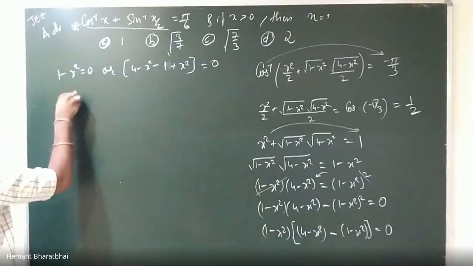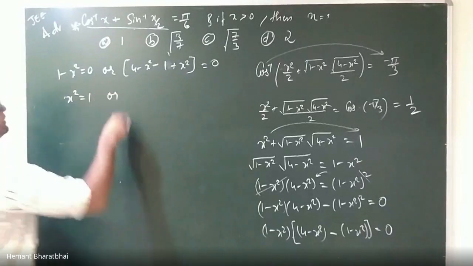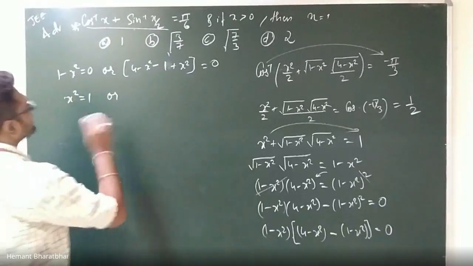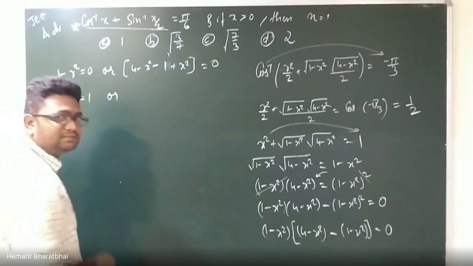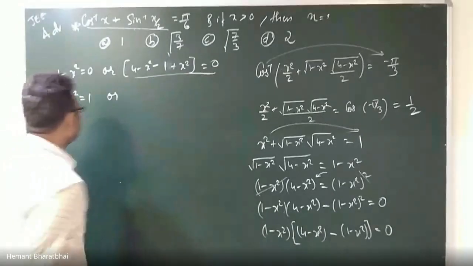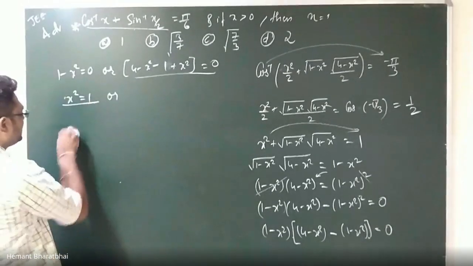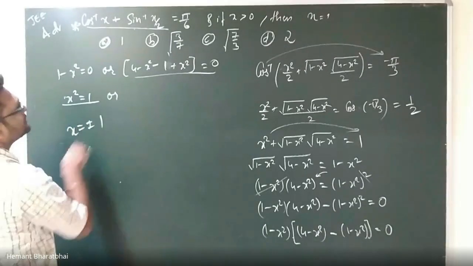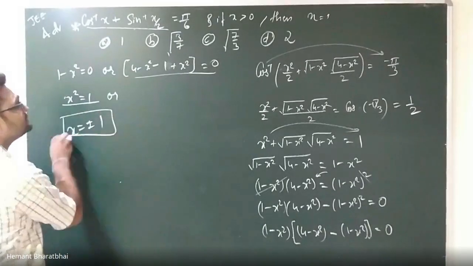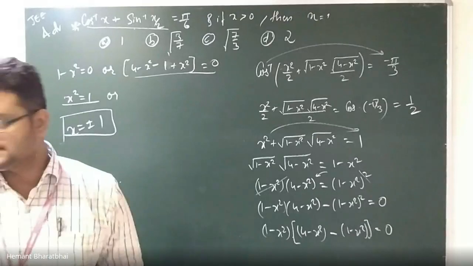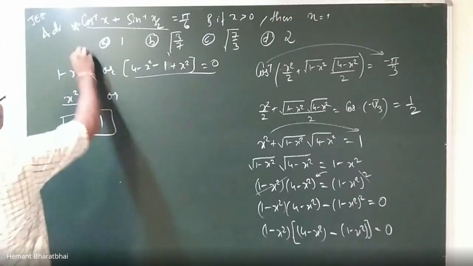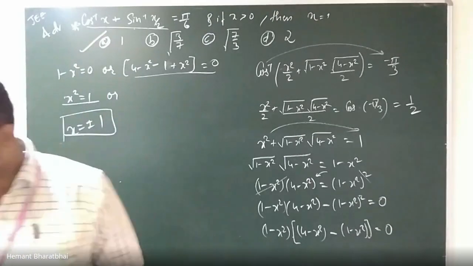So here I'll get x square is equal to 1, and here my x square itself is getting cancelled, so I'm not getting any option. Here I'm getting x square is equal to 1, that is x is equal to plus 1 or minus 1. So my x is greater than 0, so I'm going to get this answer.